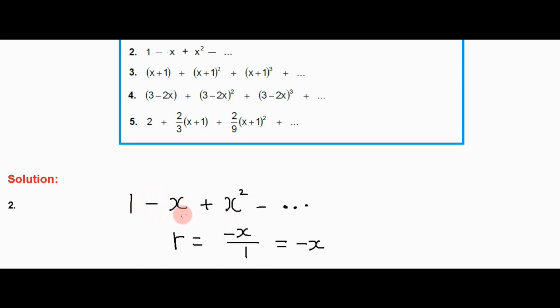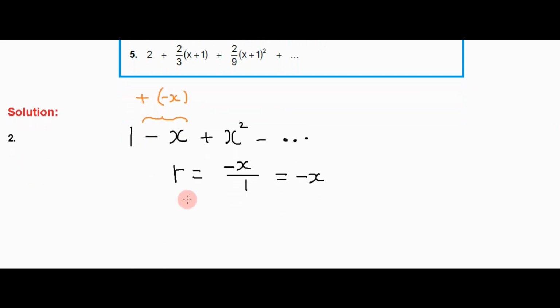So term 2 is -x, because of course we can also write this as plus -x. So r is -x, and we know that for a series to converge, r must be between positive and -1. So that means that -x must be greater than -1, but less than +1. This, by the way, is known as a sandwiched inequality.